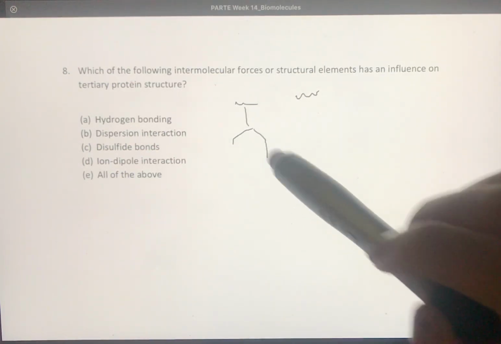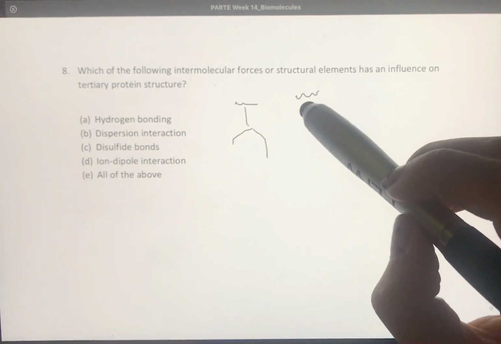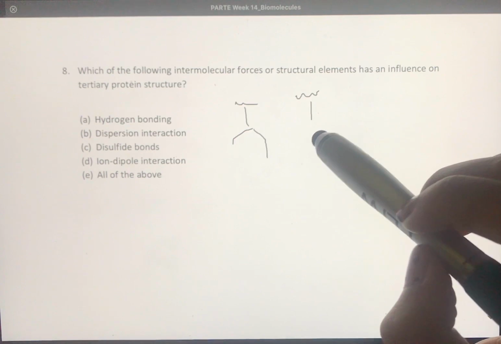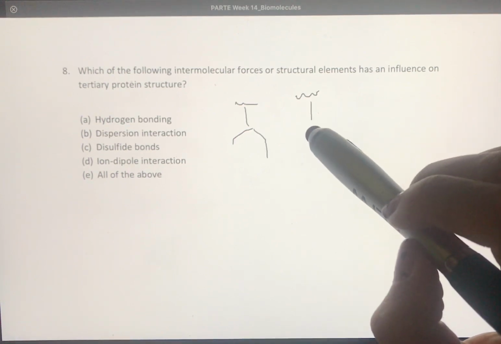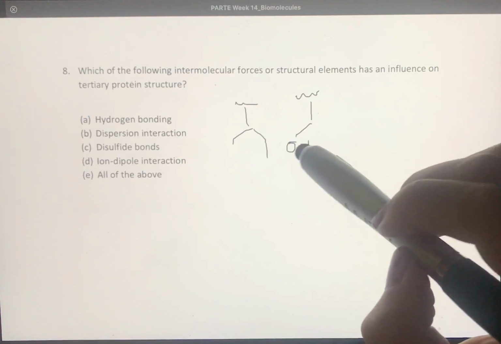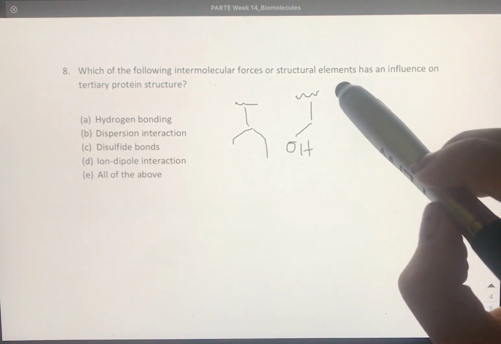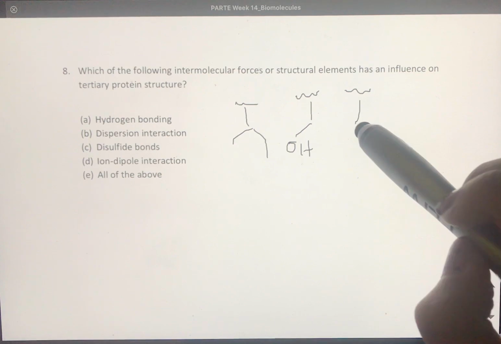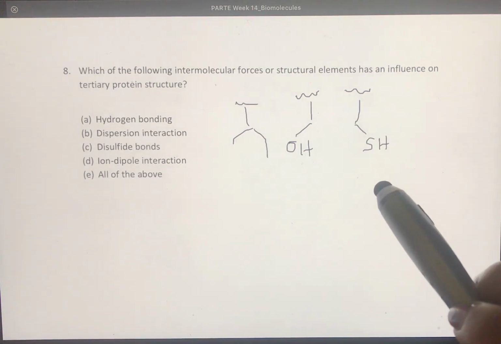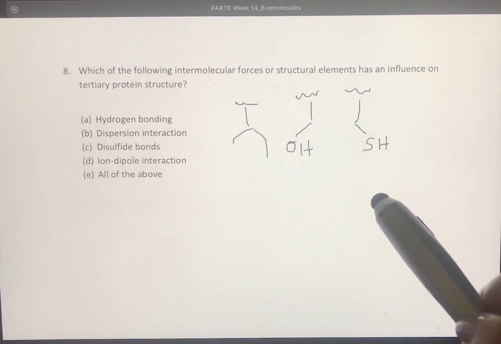This is very nonpolar, that's isoleucine. Or we can have very polar ones where we have like hydroxyl groups, or we can even have sulfur groups, which like to form what we call disulfide bonds.